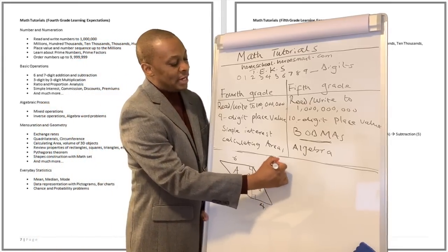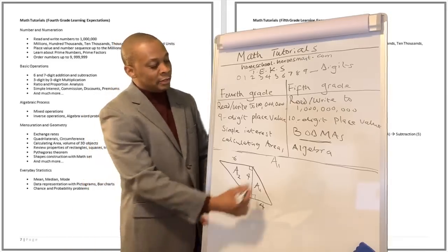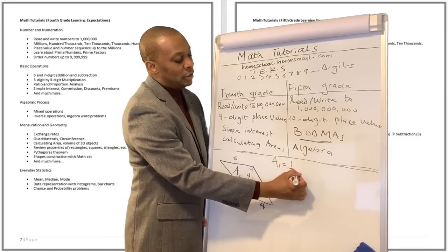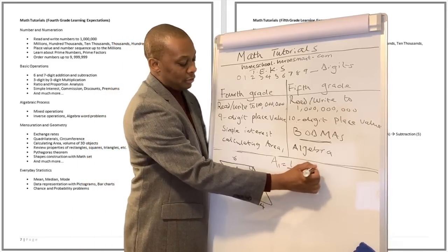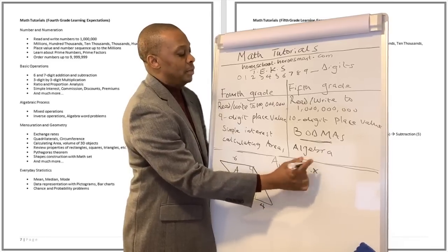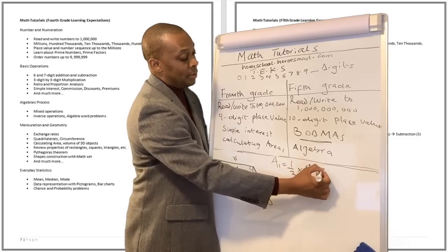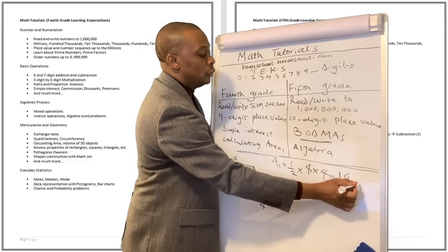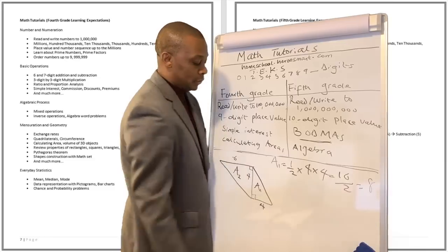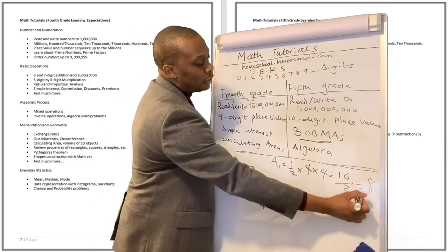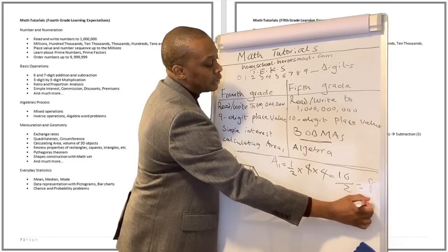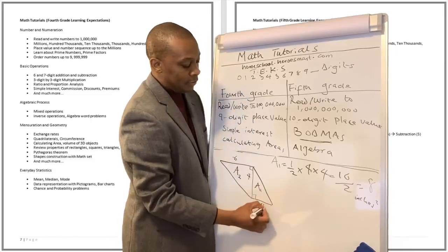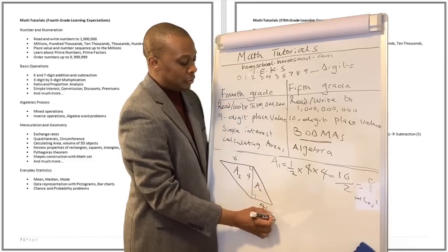Well, for the last example, we know A1 is going to be equivalent to half base times height. So that's half multiplied by 4 and then multiplied by 4, which is going to be equivalent to 16 divided by 2 or 8. Remember, 8 inches squared or centimeters squared. All right, so let's assume they're giving this one to us in inches.